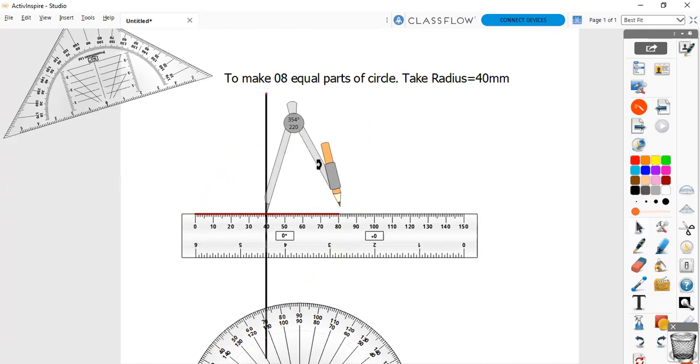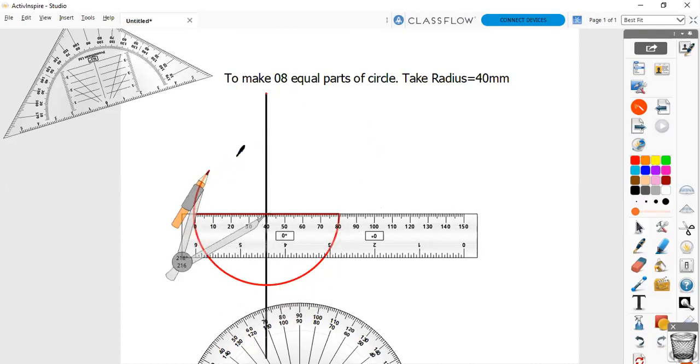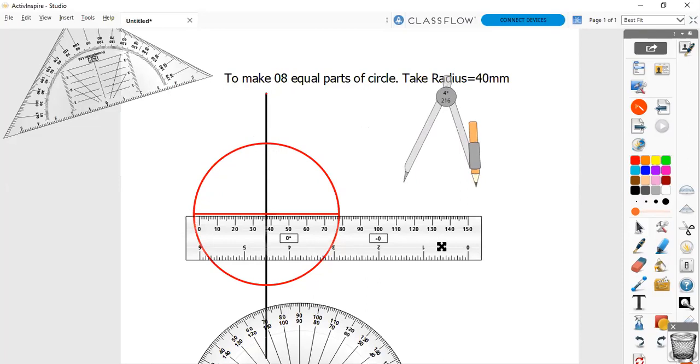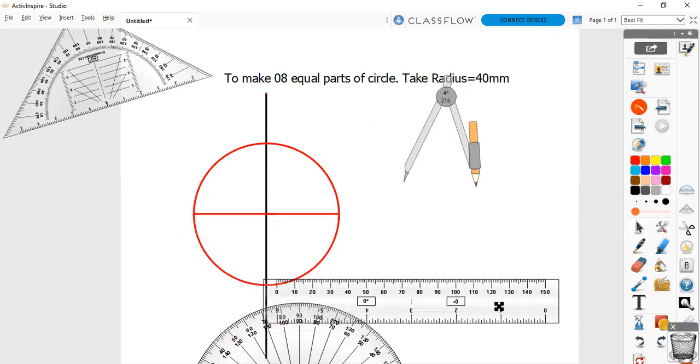You need to use it in such a way that the radius is exactly 40, as you can see. Now take any radius. This is not fixed, as you do not have to take the radius equal to 40. It is your choice, you can take the radius of 40 or not.